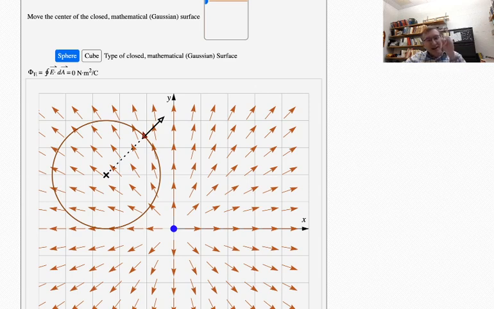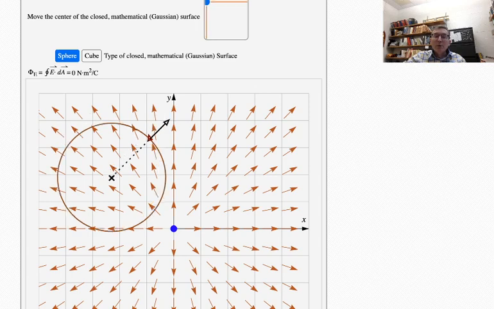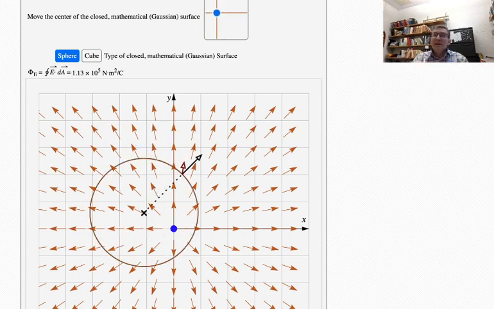And it is exactly balanced. The positive flux and the negative flux exactly balance out to a 0. That's pretty amazing, isn't it? But if I move the center so that it encloses the charge again, watch the flux will jump back up. Boom. 1.13 times 10 to the 5 Newton meter squared per Coulomb.